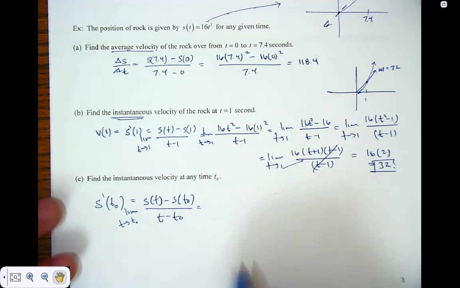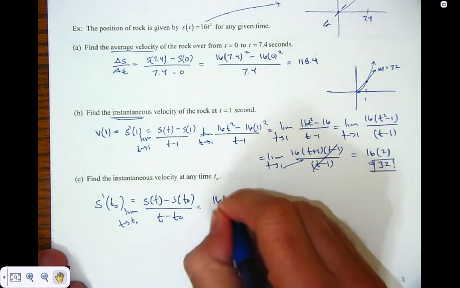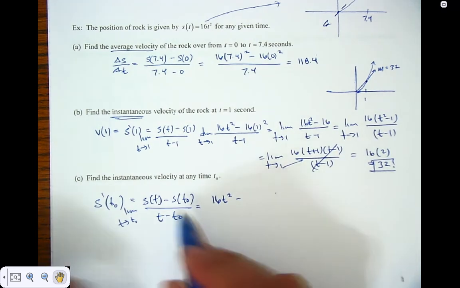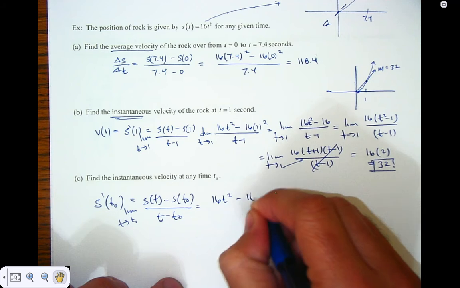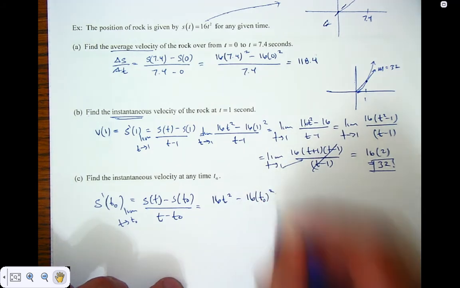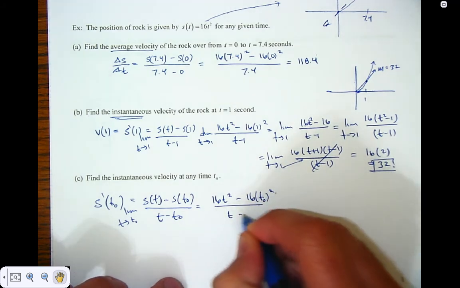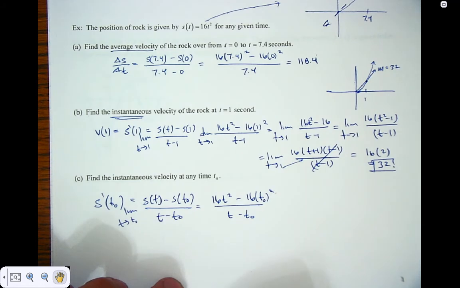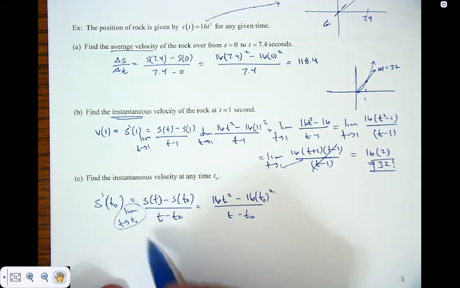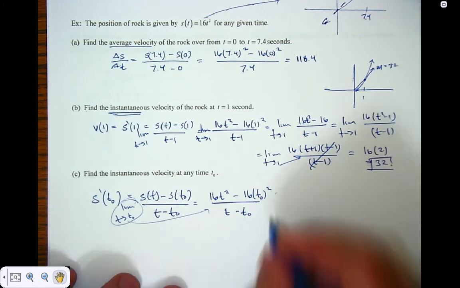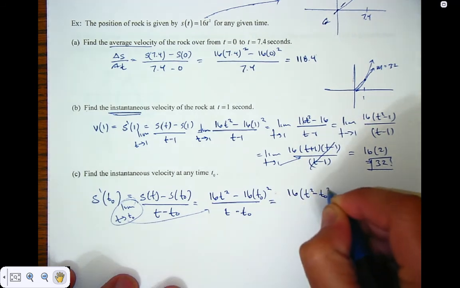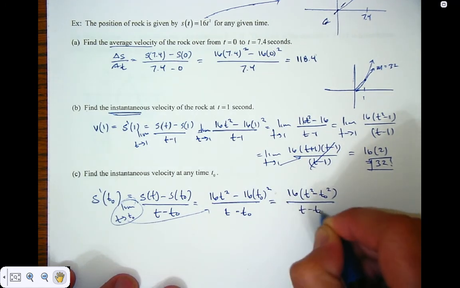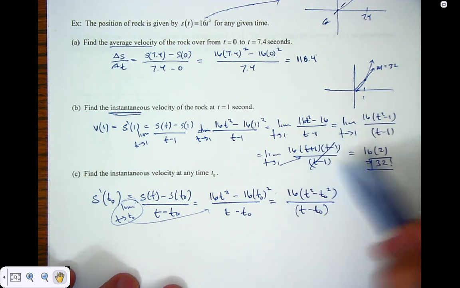So let's go do some crazy algebra. S of t is 16t squared minus S of t naught, or t sub 0 squared, is just 16 times t sub 0 squared, over t minus t sub 0. This limit process is still there, but I'm not going to rewrite it because we have to do some algebra here. Let's take out a 16, and we have t squared minus t naught squared. All this is exactly the same stuff.